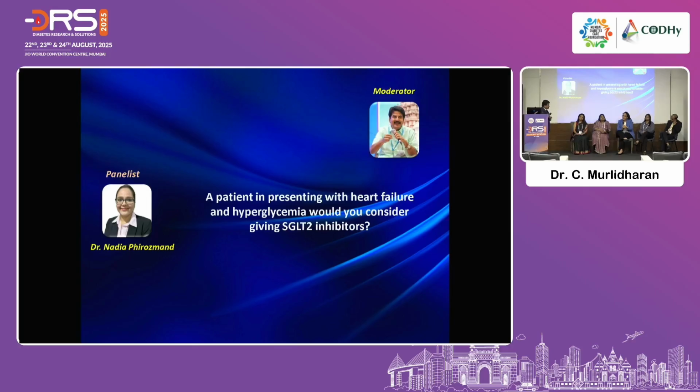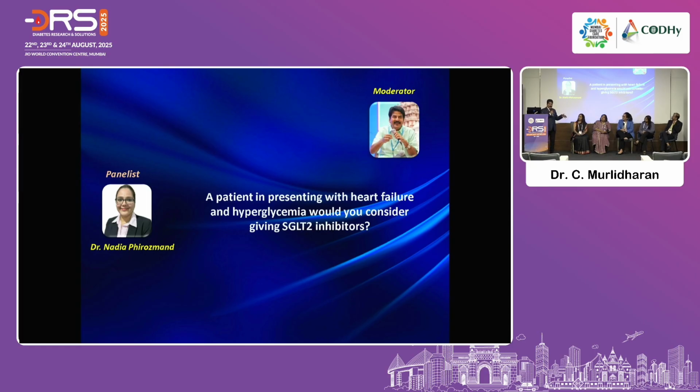Similarly, it helps reduce the blood pressure. So it is a very good drug when we have patients with hyperglycemia, even with heart failure. It is going to reduce the fasting, post-lunch, and even insulin resistant hyperglycemia. So yes, I do see it as a good drug in our patients with heart failure and hyperglycemia.